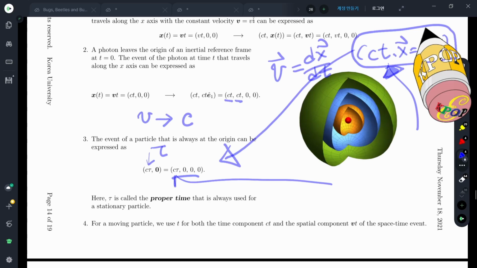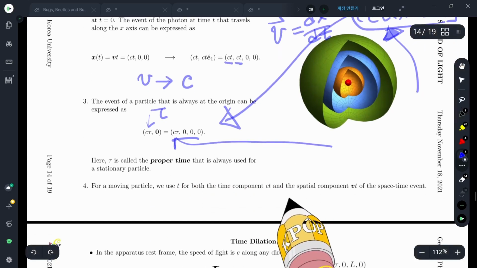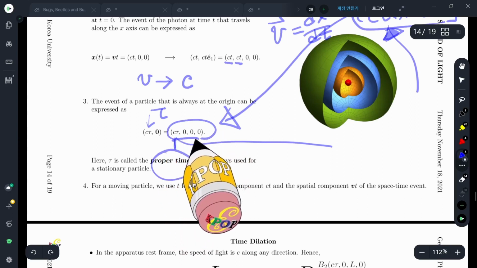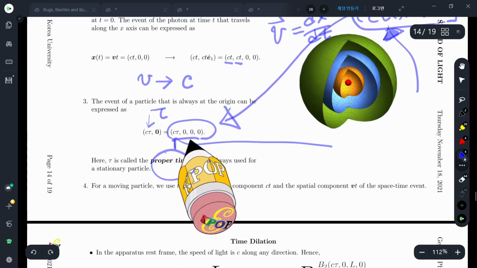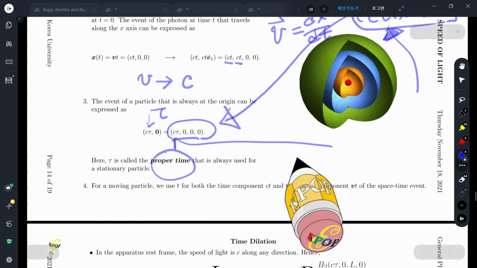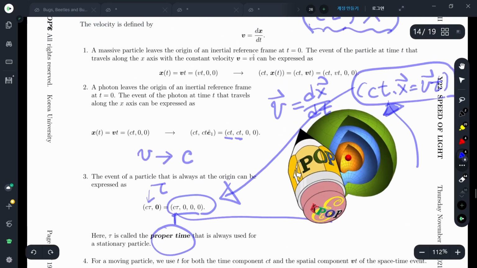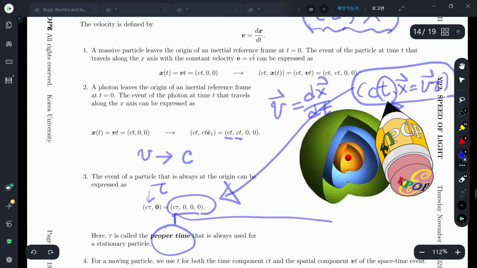We distinguish the time for a particle at rest and the time for a particle moving. Tau is called the proper time, and it is used only for a particle fixed at a point in an inertial reference frame. Except for that, as long as a particle is moving, we just use the parameter t instead of tau.